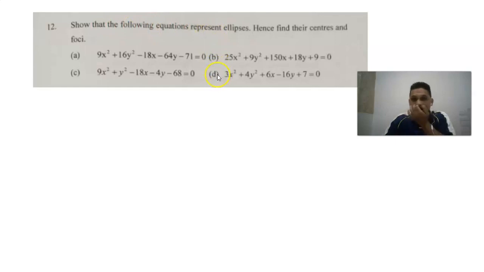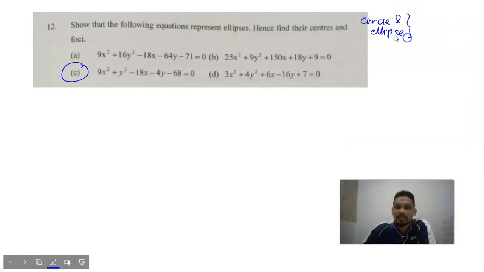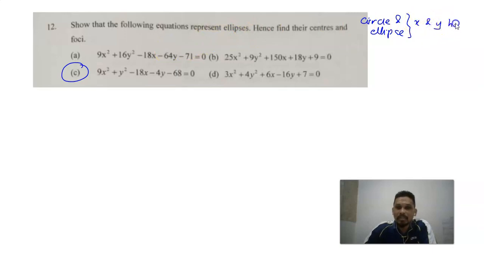I choose question number C. Okay, class, for a circle and an ellipse, in one general equation, both x and y have the highest degree, or power, of 2.